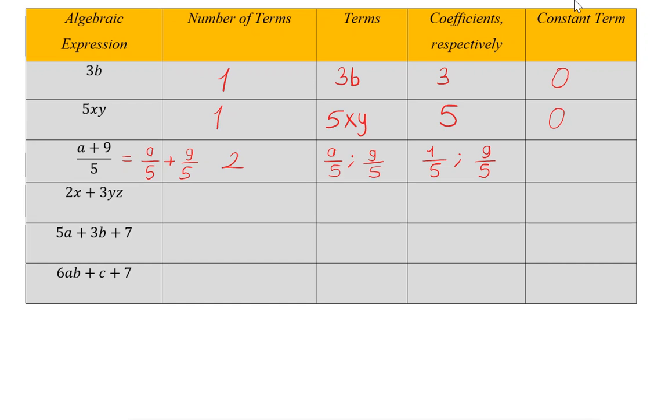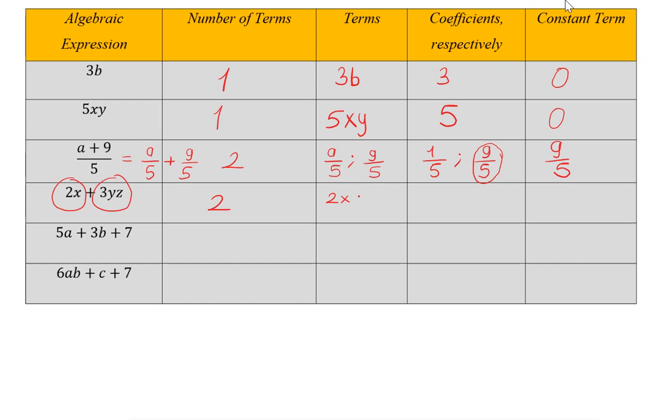The coefficients here are 1 over 5 and 9 over 5. And the constant term here is 9 over 5, because the constant is free from the variable.